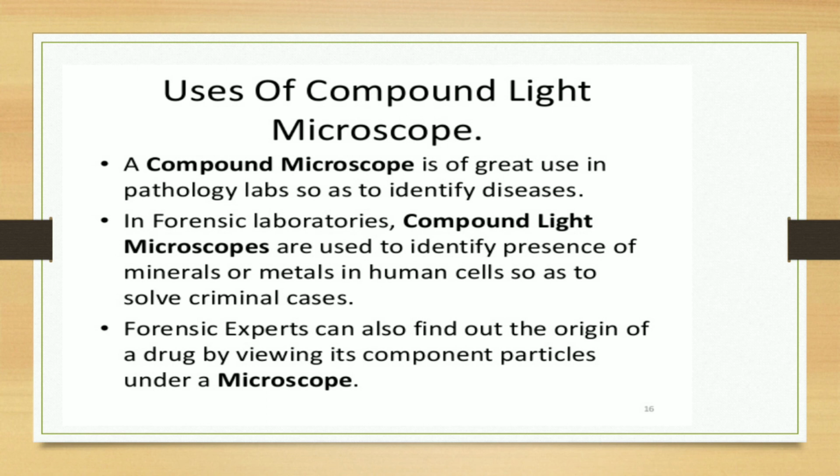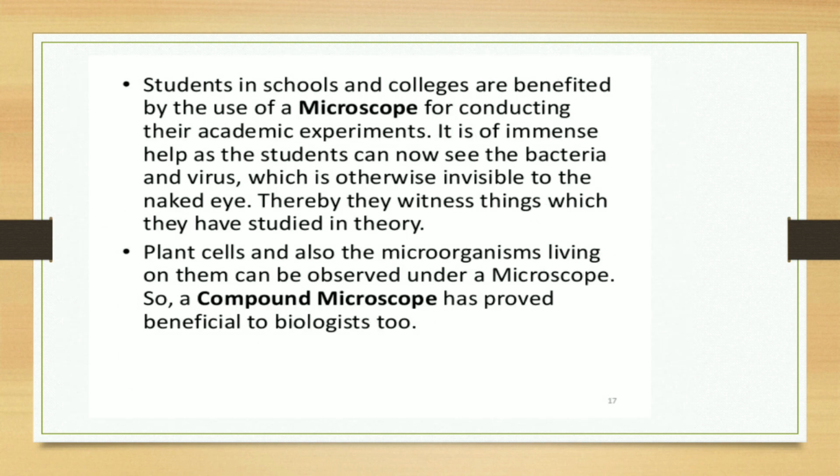In forensic laboratories, compound light microscopes are used to identify the presence of minerals or metals in human cells so as to solve criminal cases. Forensic experts can also find out the origin of a drug by viewing its component particles under a microscope. Also, the microscope is used in schools.